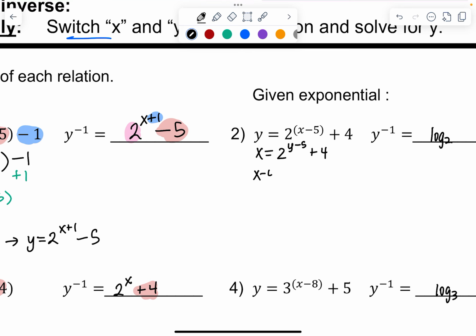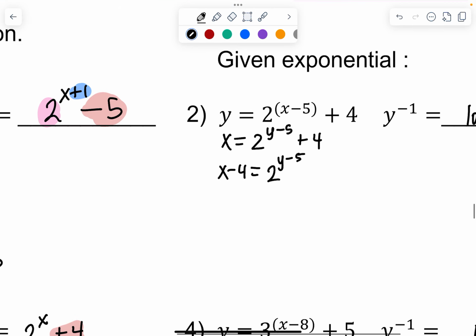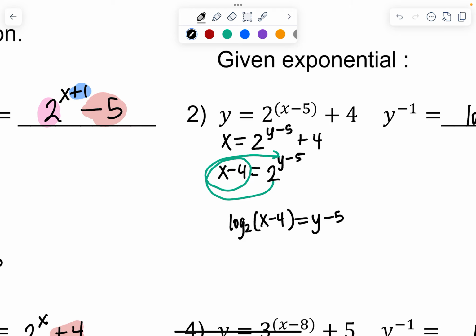Subtract 4 from both sides to isolate the exponential expression. And then once you have the exponential expression isolated, meaning there's nothing outside the exponent like that plus 4, you're ready to convert to log. And so we have log base 2 of x minus 4 equals y minus 5.